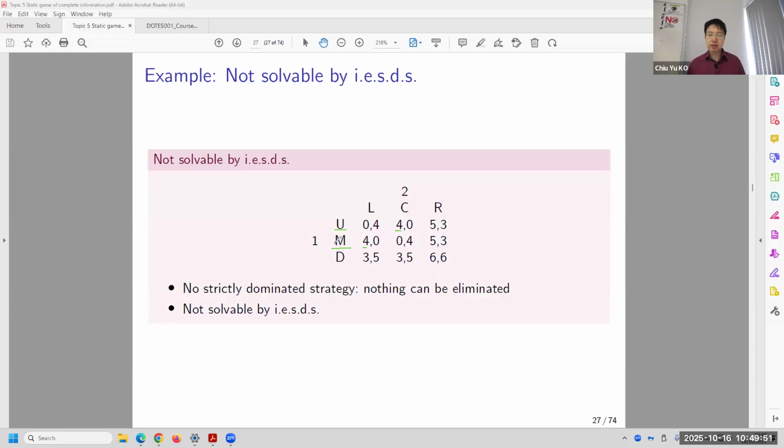And you want to compare M and D as well. Is there any case that M is always better? No, because when R is chosen by player 2, D is better, but when L is chosen, M is better. And you can look at U and D as well. If you do the same operation, you can see nothing can be done.